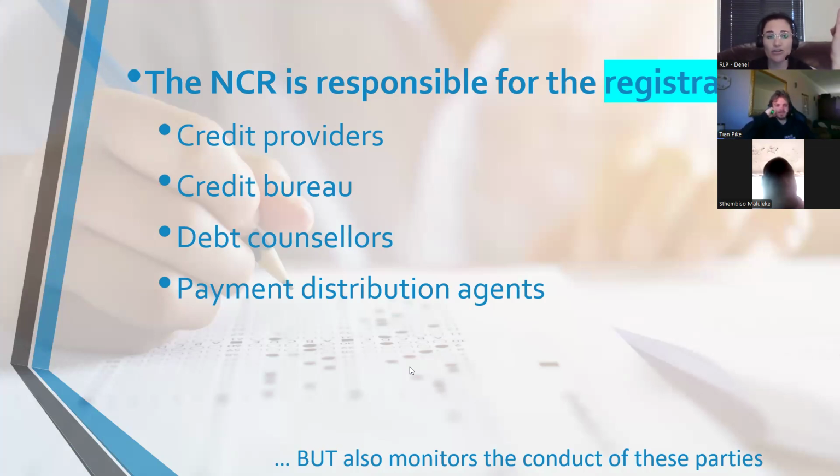Option A, the registration of credit providers. Option B, the training of all staff of credit providers. Option C, the appointment of tribunal members. And option D, the registration of debt counselors. Which options are correct?